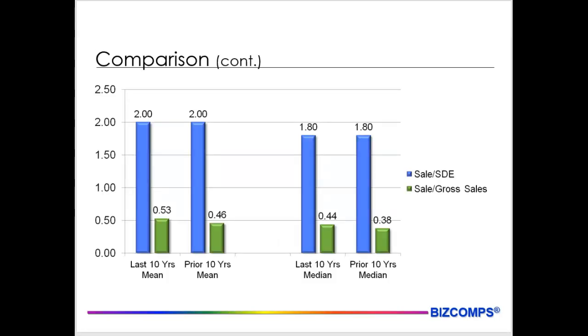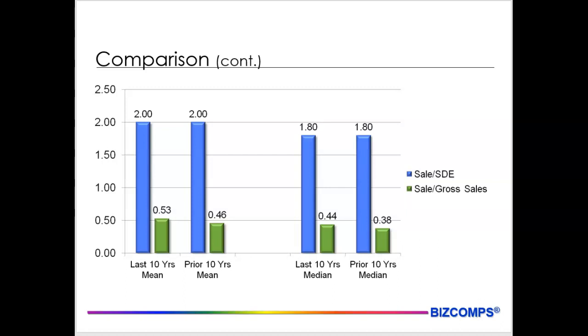This is just a graphical representation of that data that we just saw in the previous slide. And you can see in the blue are the SDE multiples. So the mean over the 10-year periods was 2.0, and the median was 1.8. Those are multiples versus a percentage of sales.